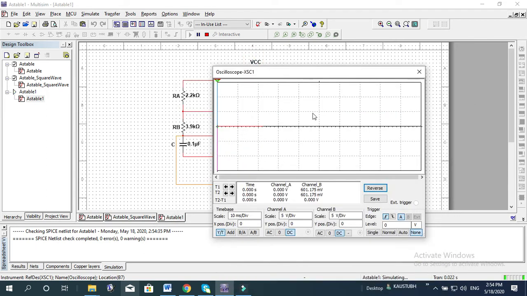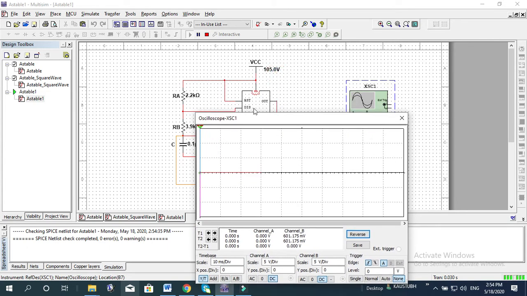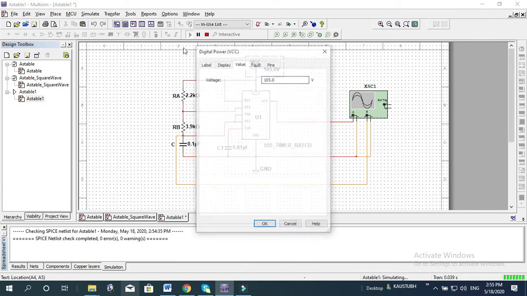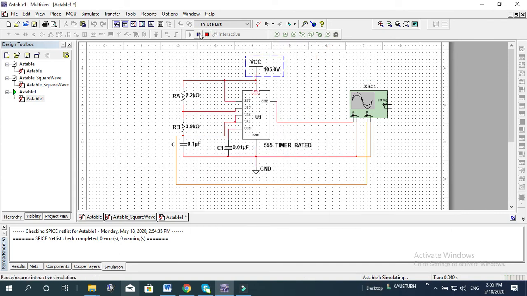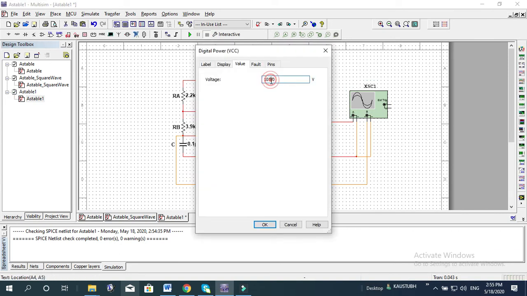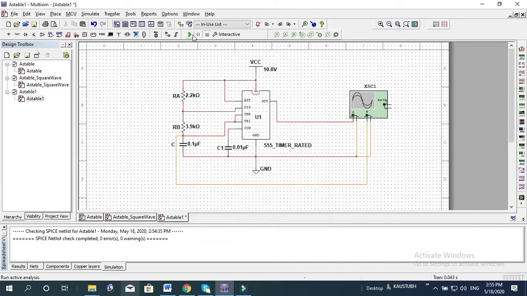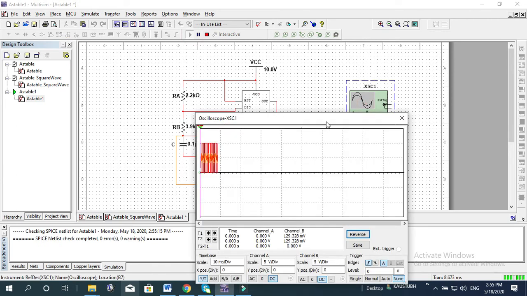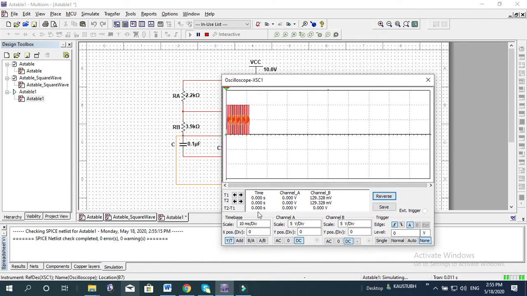Oh, just a minute. Something is wrong. Yes, sorry. This voltage should not be. This is 105 given. It should be 10 volt. It's too high. Okay. So run it again.